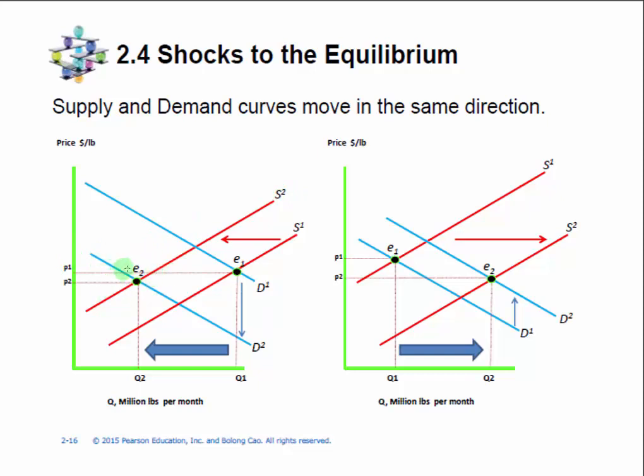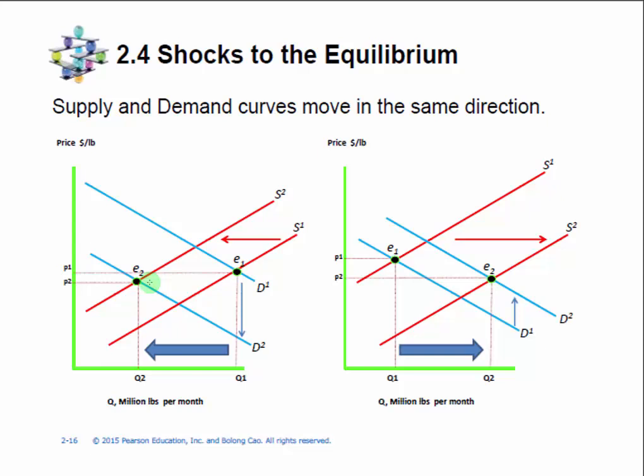So in this situation, when both supply and demand decrease, we know for sure the equilibrium quantity will decrease, but the equilibrium price is basically uncertain. Only when you have a concrete picture can you tell where the equilibrium price has gone.